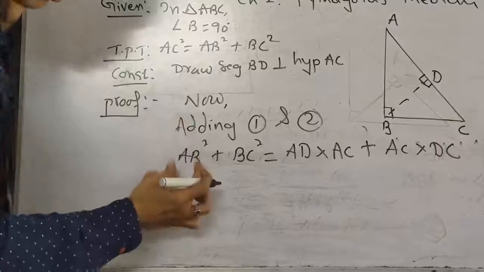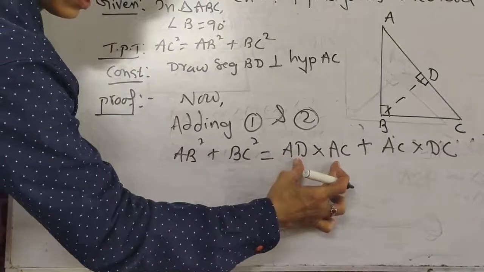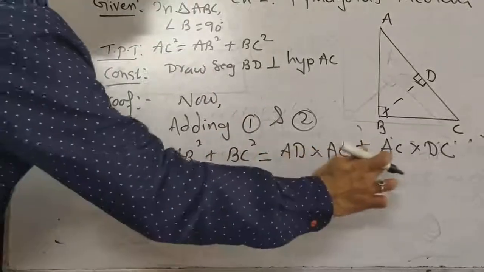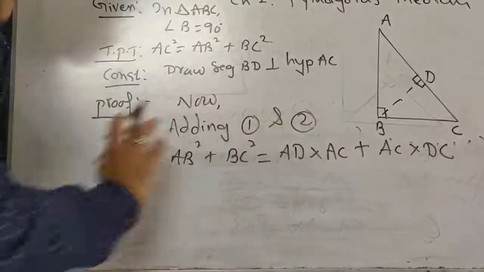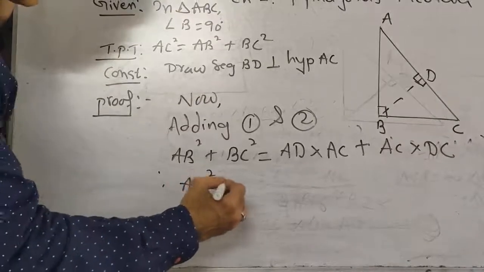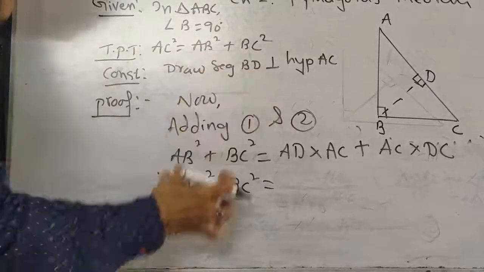In the first you showed AB square is equal to AD into AC, and in the second BC square is equal to AC into DC.